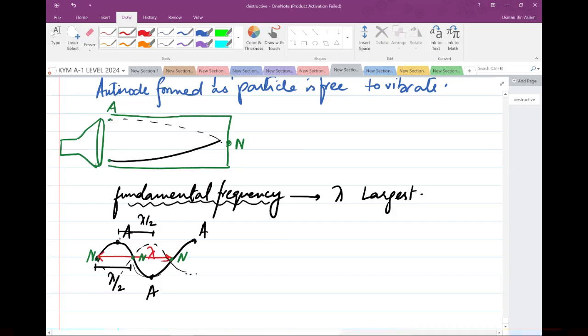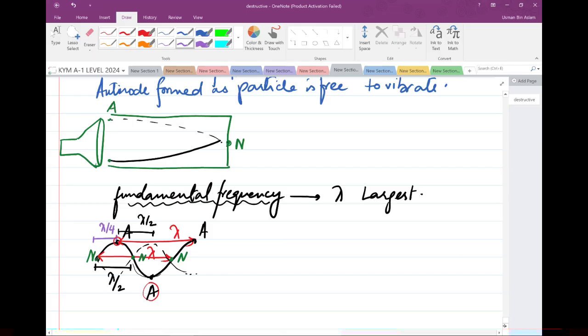And if you start measuring from an antinode, skip the antinode at the center, and reach the third antinode, this distance is going to be one wavelength as well. So you have to keep in mind that the distance between a node and a node is half a wavelength. So by that logic, the distance between a node and an antinode is lambda by 4.